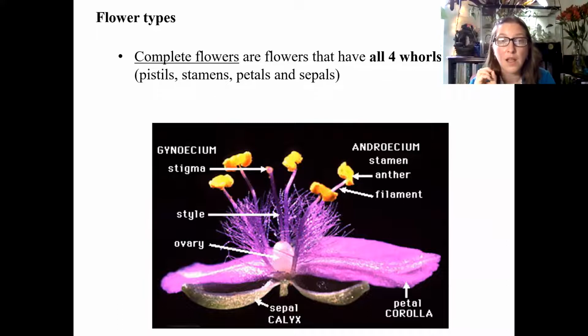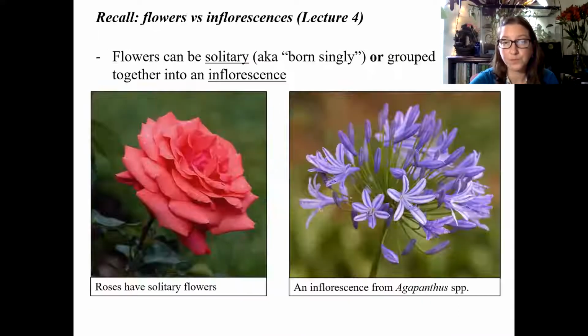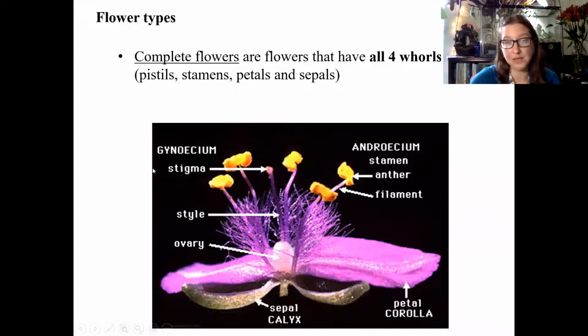Complete flowers are flowers that have all 4 whorls, right? So these are the whorls. If you're a flower that has all 4 whorls, we call you a complete flower. So I'll use yellow. Complete flowers, all 4 whorls.